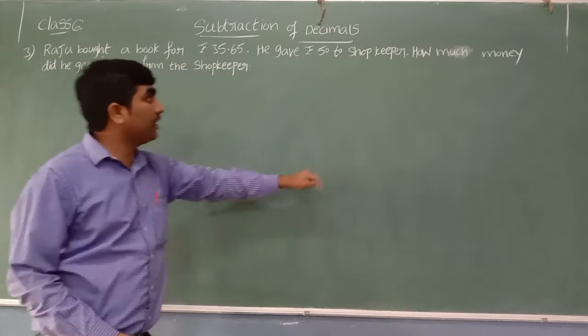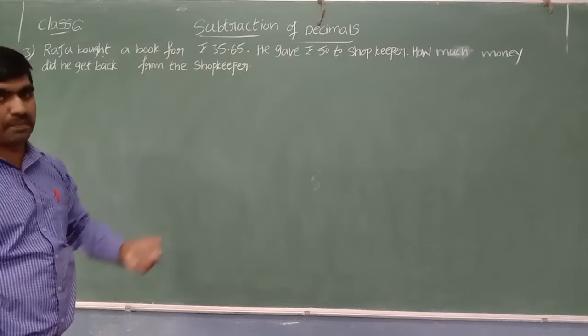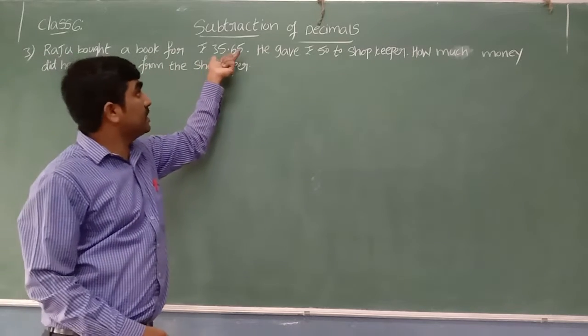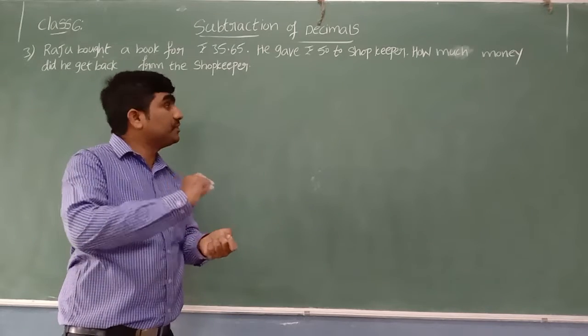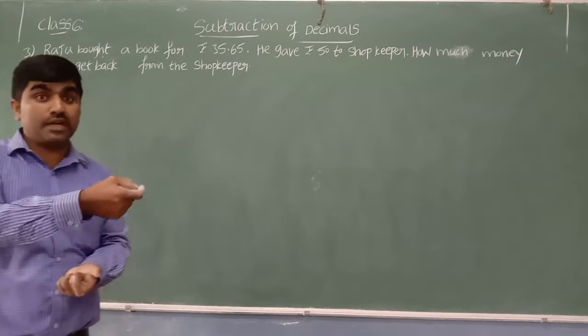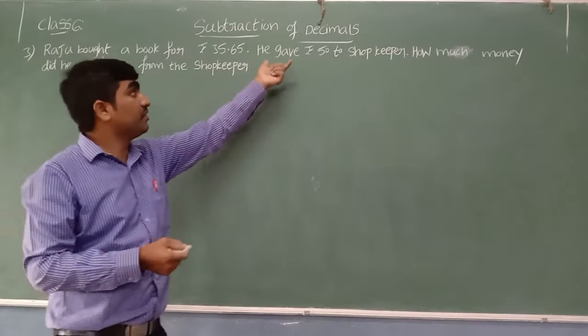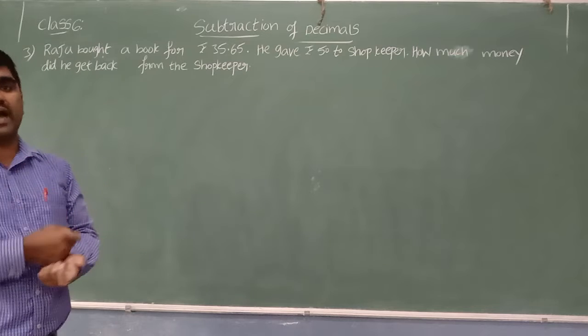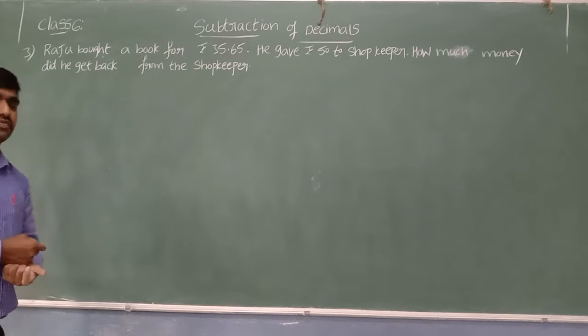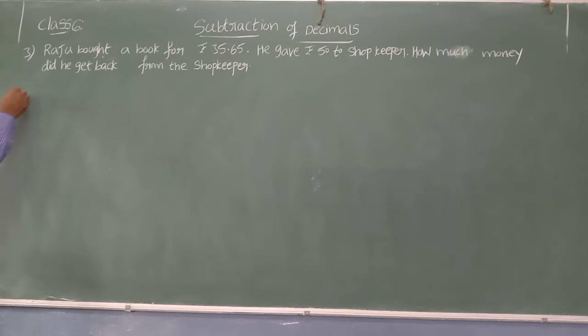How much money did he get back from the shopkeeper? Actually the book costs only 35.65 rupees, but he gave 50 rupees to the shopkeeper, so he gets some amount back, because 50 rupees is more than 35. So they are asking us to find how much amount he got back from the shopkeeper. This is also one of the applications based on subtraction.